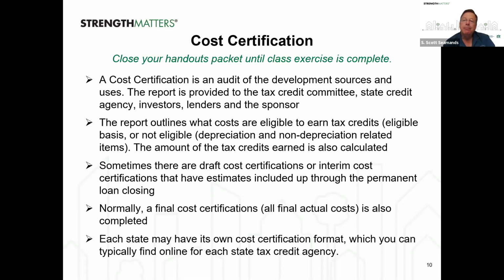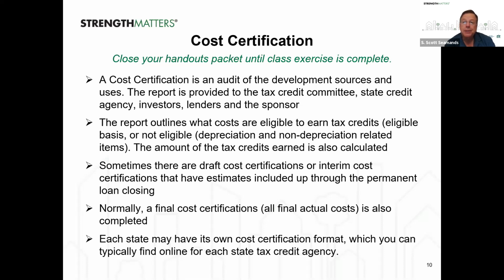But it doesn't include all of the final costs that arise during the permanent loan closing process, the title fees and things like that. So sometimes there'll be an interim cost cert that's done just to get through the permanent loan closing process. And then after that's over and all those final title costs are known, then a final cost certification is done. So it can be done in two steps like that.